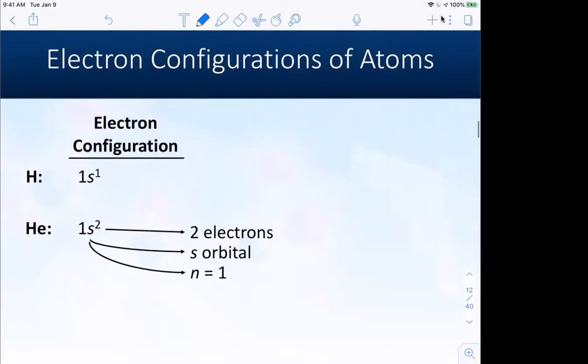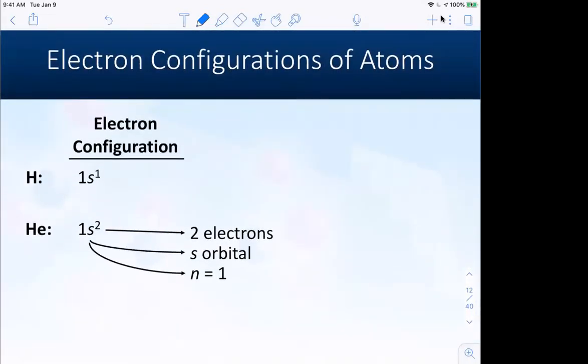As I go across the periodic table, I'm going to look at helium. Again, atomic number 2, I have 2 electrons. So this is going to be 1s2. I'm filling my s orbital. I'm still in energy level 1 because I'm in the first row. So that is my n equals 1.